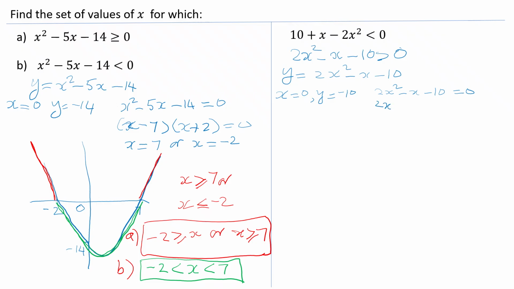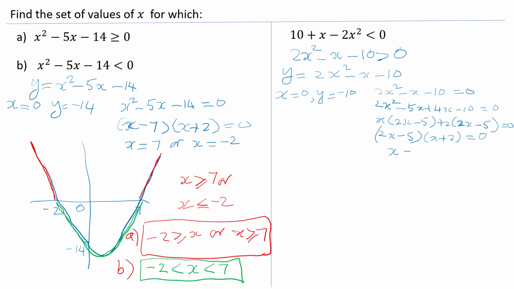So 2x squared minus 5x plus 4x minus 10 equals 0. Now factorize: x times 2x minus 5, plus 2 times 2x minus 5 equals 0. Now 2x minus 5 and x plus 2 equals 0.